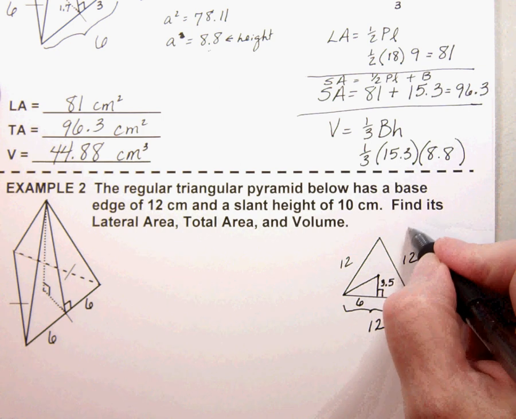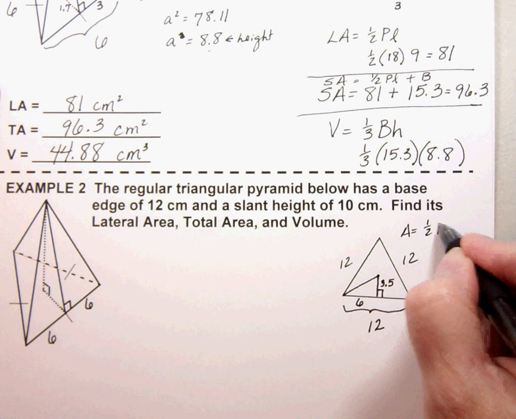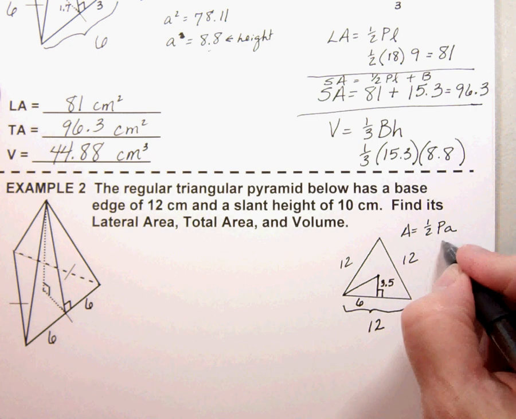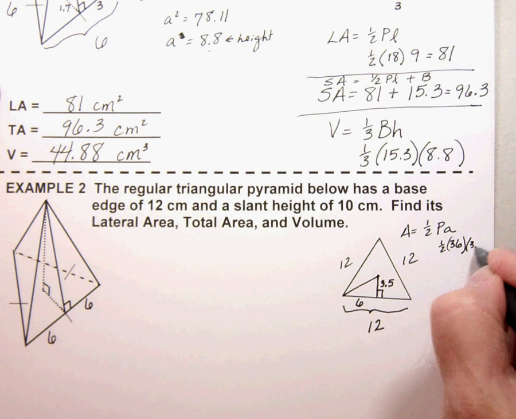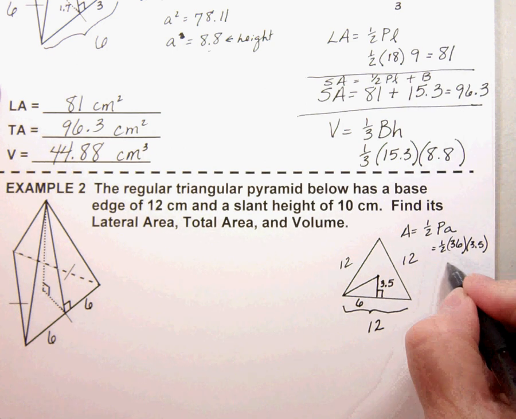So if I'm going to find the area of just this triangle, I'm going to use the 1/2 perimeter times apothem. 12 times 3 is 36. So it's going to be 1/2 times 36 times 3.5, which is 63.